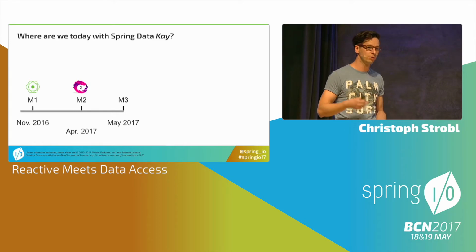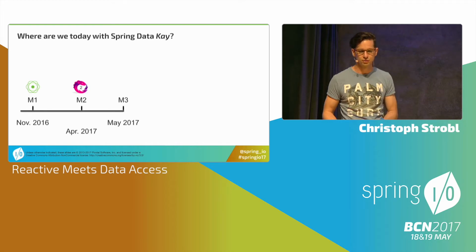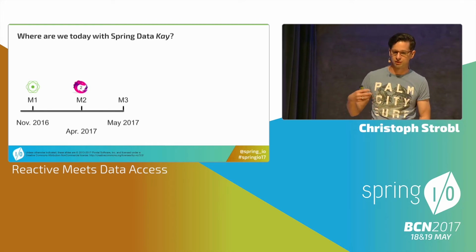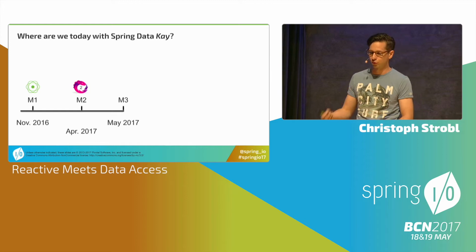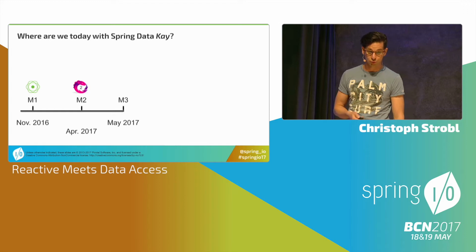With milestone 2, we also focused on the reactive side of things a bit. We added support for RxJava 2 and a bunch of other things, some code improvements, Java 8 upgrades, and that stuff. So that was milestone 2.